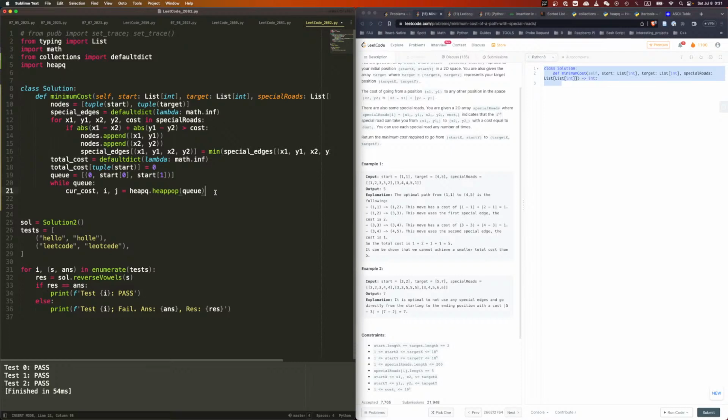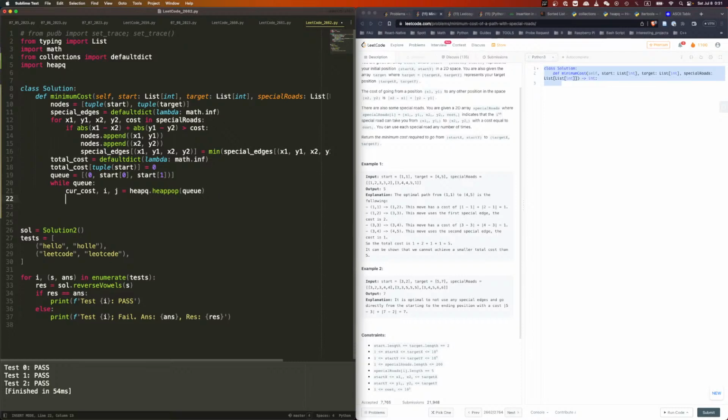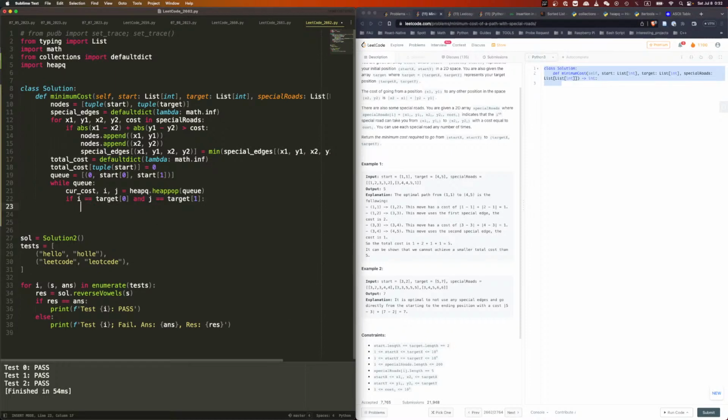Okay, so now what? We have i, j, right? And we want to go through all the nodes. Well, of course, we can say if i equals target 0 and j equals target 1, then we found it, right?